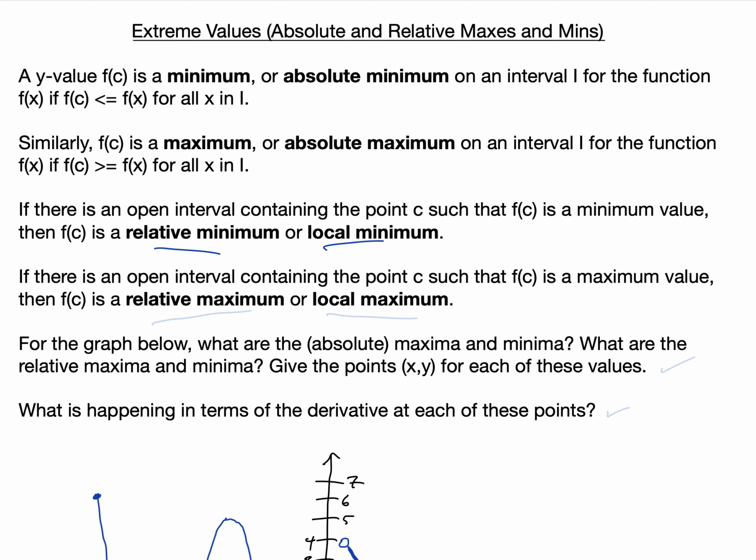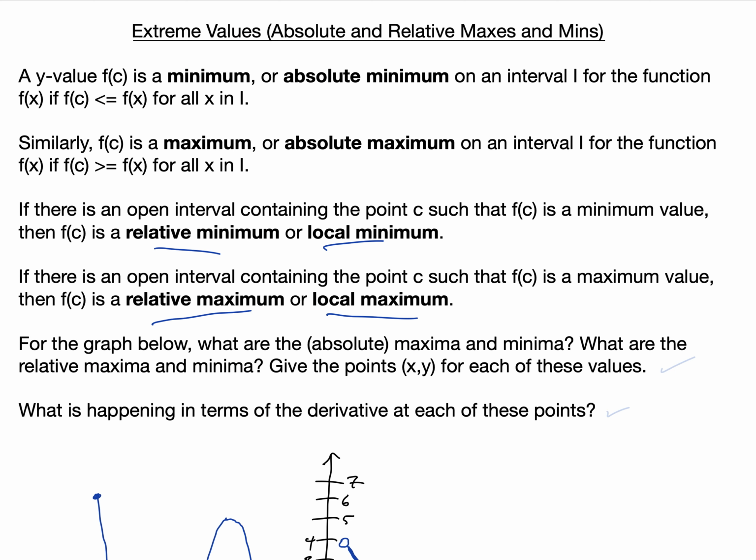So if there is some open interval containing the point c such that f of c is the minimum value, then we say that f of c is a relative minimum or a local minimum, basically just smaller than everything near it. And similarly, if there's an open interval containing a point c such that f of c is a maximum value, then f of c is a relative or a local maximum. Again, it just has a larger output than everything else around it.